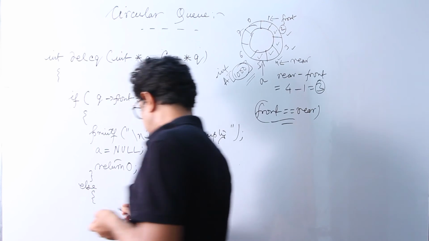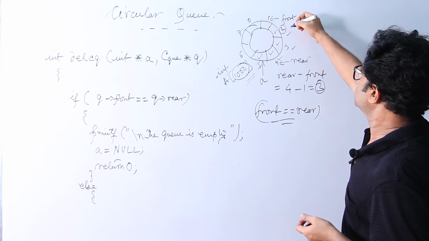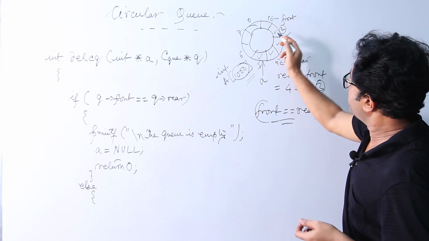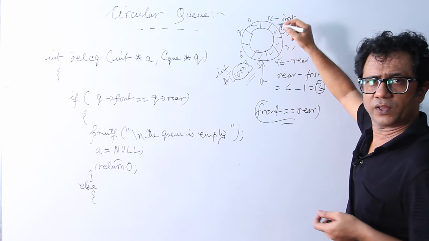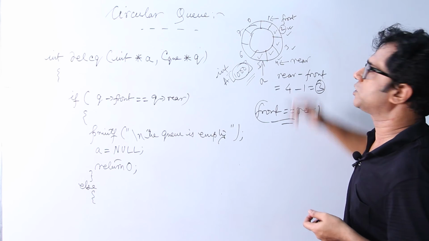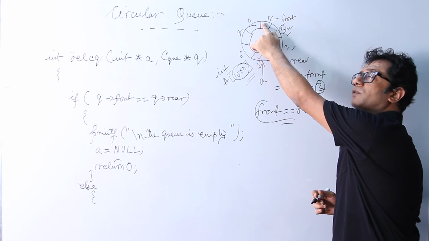Let me write that. Suppose in this case we will delete the first element of the queue. The first element is at index number 2, but front is in the position 1 less than the index of the beginning of the queue.